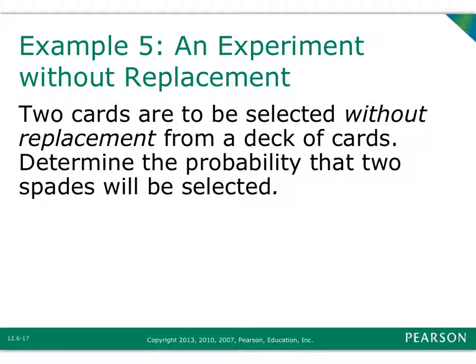So here we have an experiment without replacement. Two cards are to be selected without replacement from a deck of cards. Determine the probability that two spades will be selected.